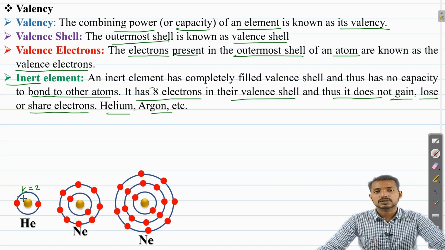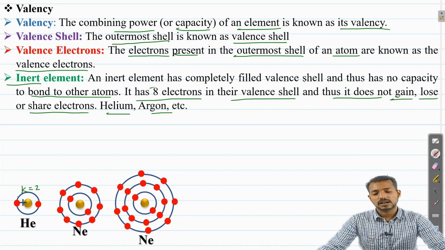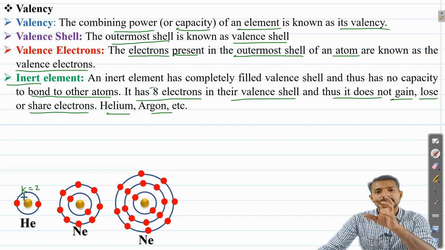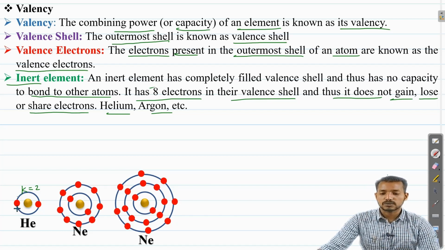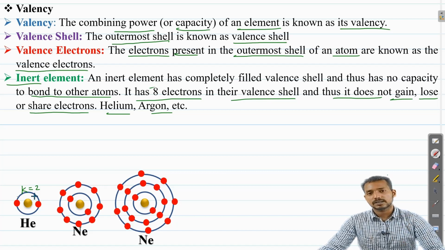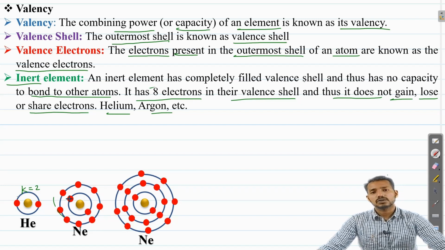Now there is no space for this atom to gain an electron, which means it has acquired stability. So there is no chance for helium to bond with another atom, because its outermost shell is completely filled. And in the case of neon also, there are a total of 8 electrons in the outermost shell.